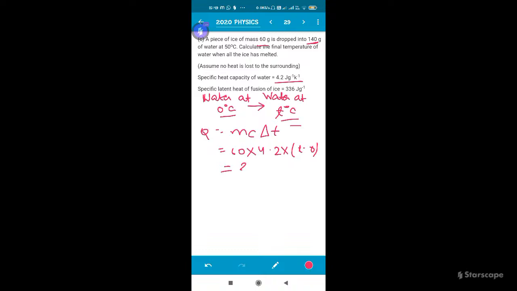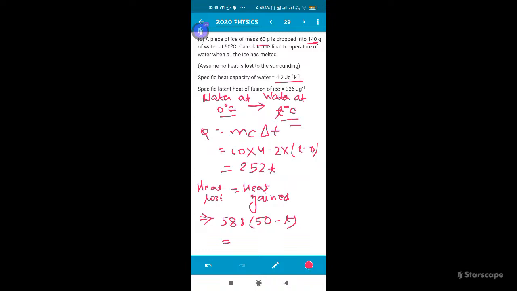So 252 T. Okay. So according to the principle of calorimetry, we know that heat lost is equal to heat gained. So the heat lost by water, we found out as 588. We can multiply it, 588 into 50 minus T is equal to the heat gained.